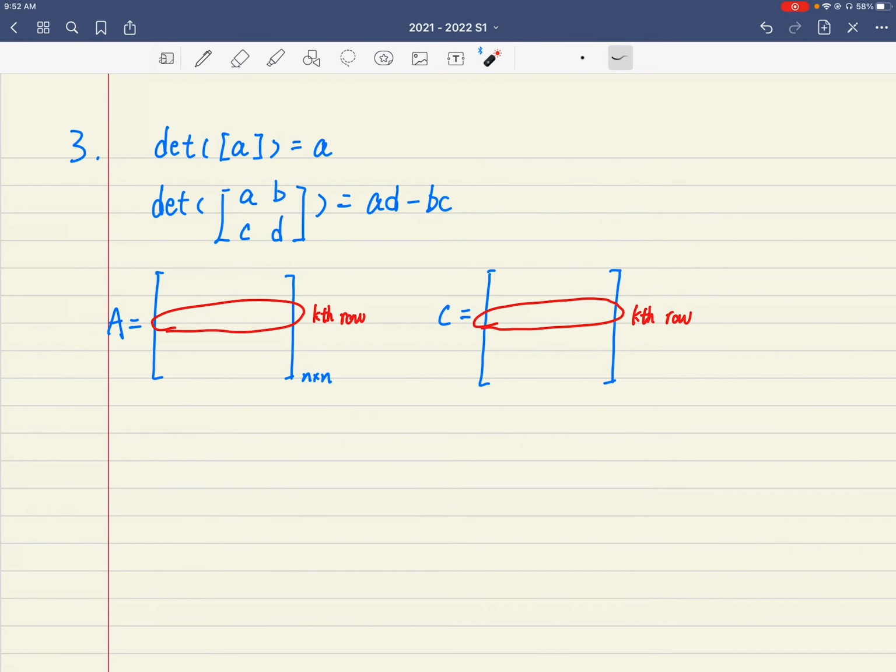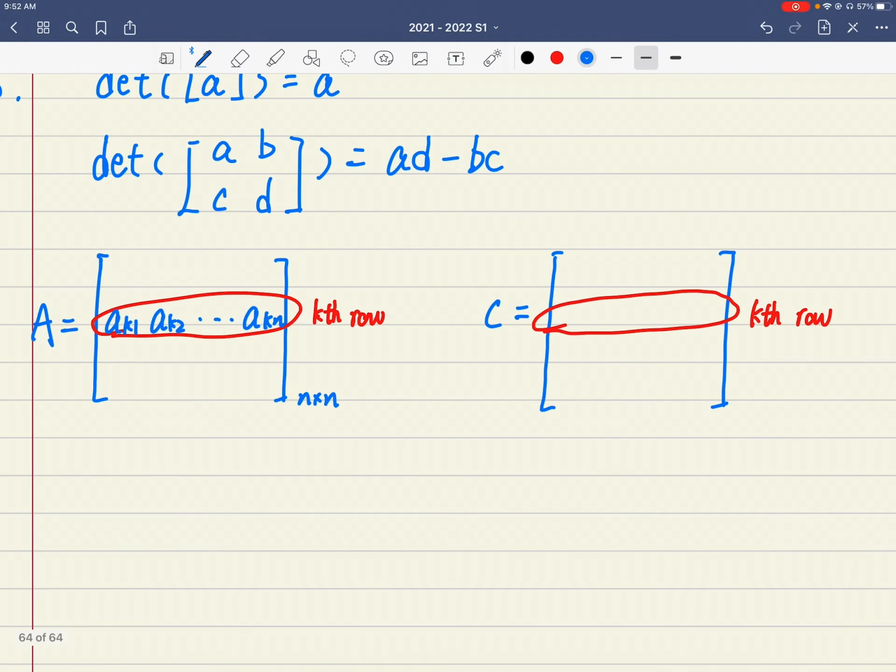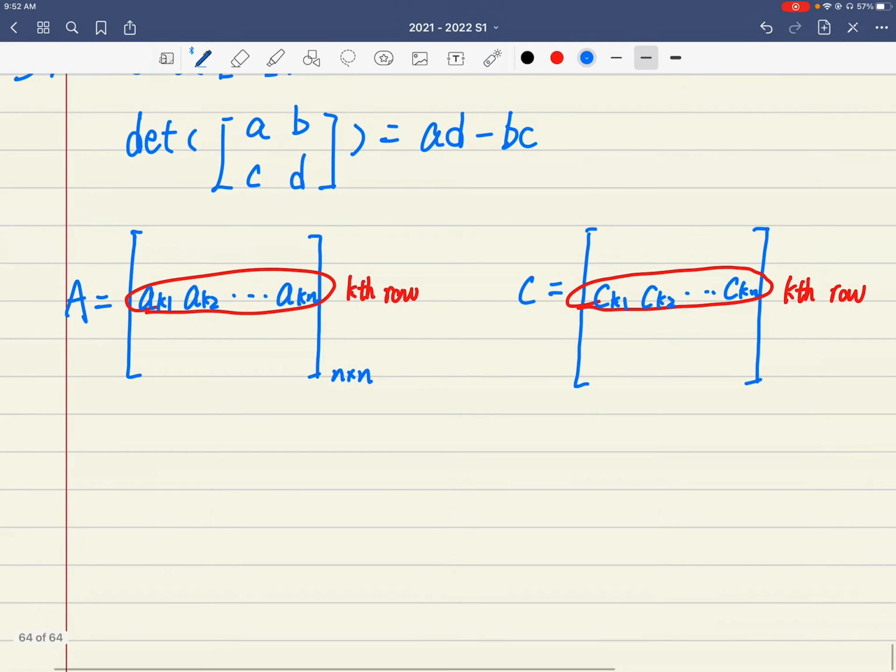Then you dot product them. Let me write it down. The kth row of A is A_k1, A_k2, all the way to A_kn, all entries of the kth row. The cofactor matrix is the same: C_k1, C_k2, all the way to C_kn, the kth row of the cofactor matrix.